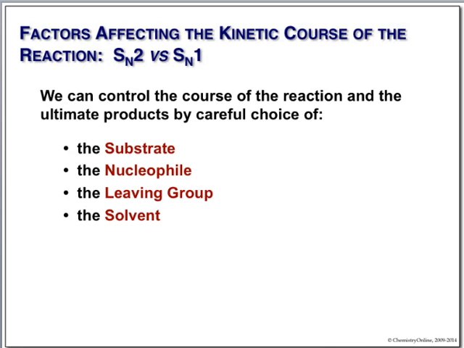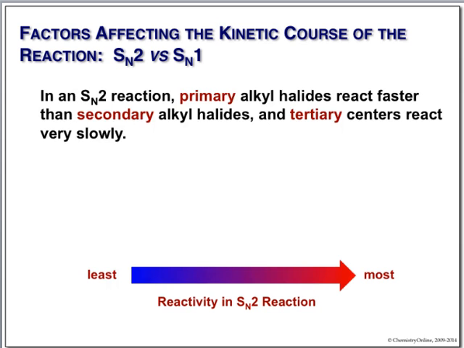Basically, we're going to look at the substrate. This is the electrophile. By choosing your electrophile, you can basically control SN1 or SN2. The nucleophile, we'll see nucleophile effects, leaving group effects, and most importantly here, the solvent is going to make a big difference. Let's start off with the substrate.